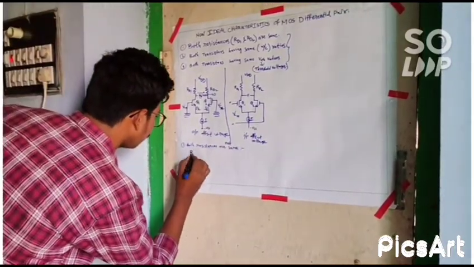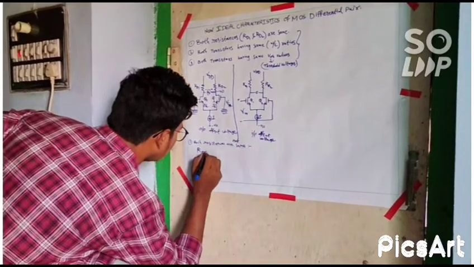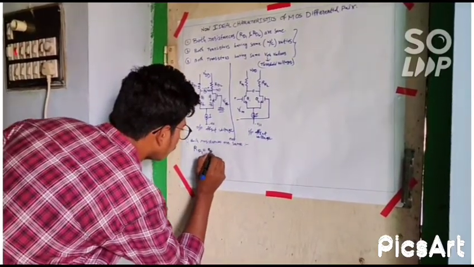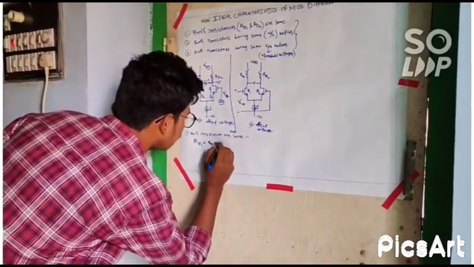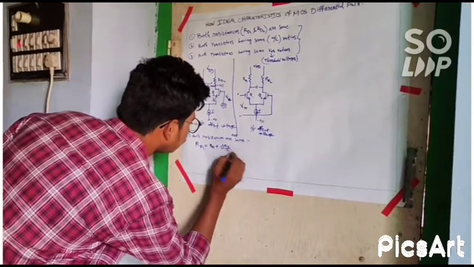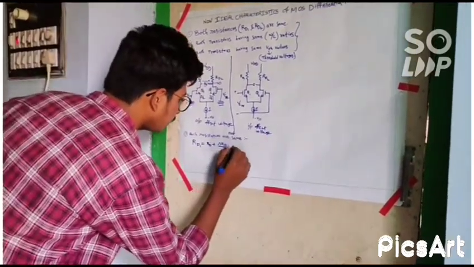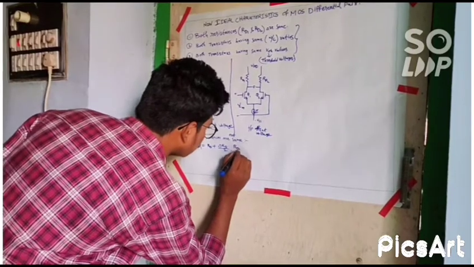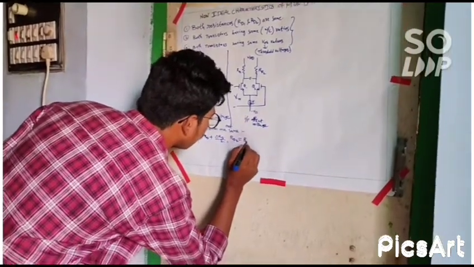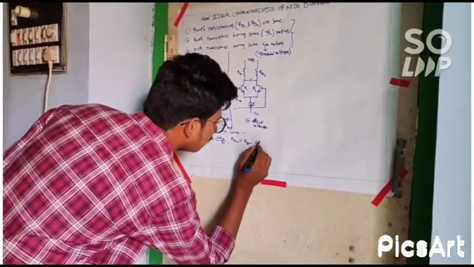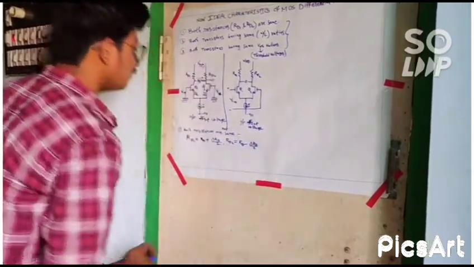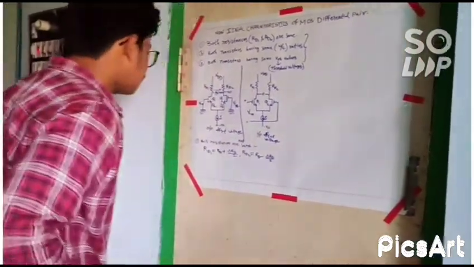So RD1 is equal to RD plus delta RD by 2. Similarly, RD2 is equal to RD minus delta RD by 2.